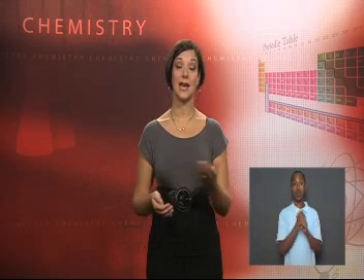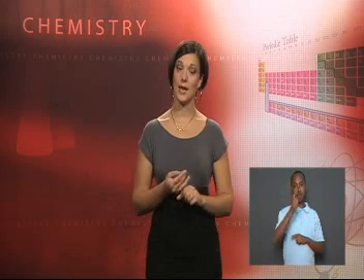Welcome back, students. Group 1A nitrates produce nitrites and oxygen. Metal nitrates, except those in Group 1A, produce nitrogen dioxide, metal oxide, and oxygen gas. Metal carbonates, except sodium and potassium, produce metal oxide and carbon dioxide.